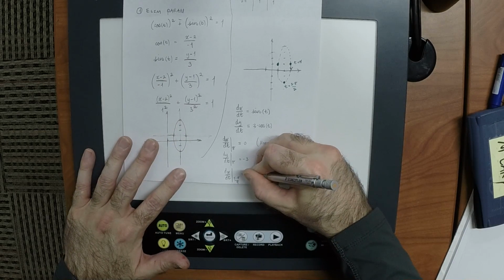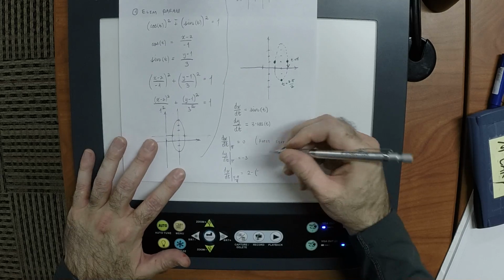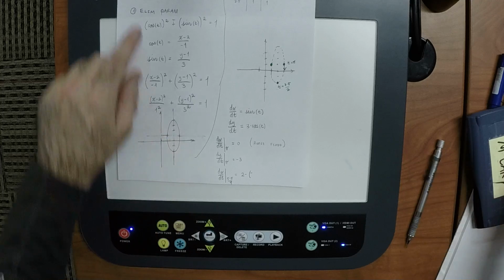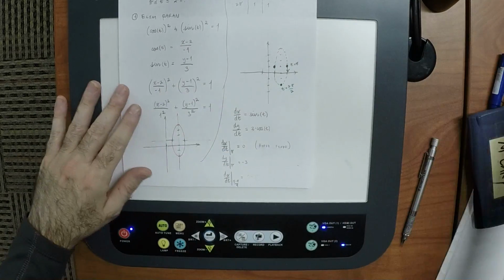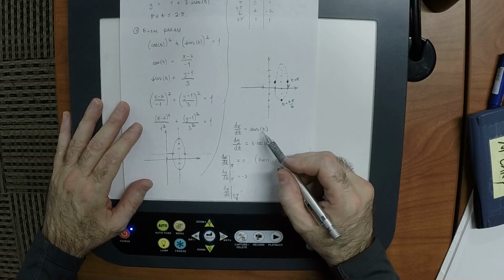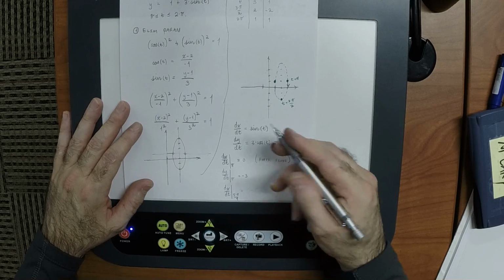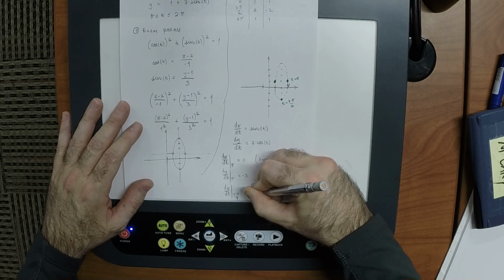What am I saying? I was plugging it in there. What is sine of 5 pi over 4? Very good. Negative square root 2 over 2, which in particular is negative.